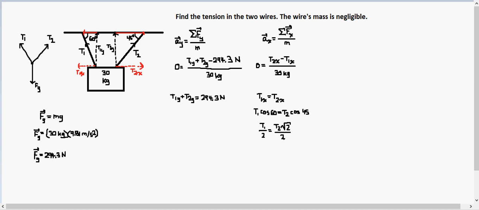But you might not be so lucky, so this is just a general way to solve these types of problems. And you get T1 equals T2 root 2. And then you might say, what's the point of that? The point was to put this in terms of T1 and T2, which is what I was doing before I realized this bright idea.